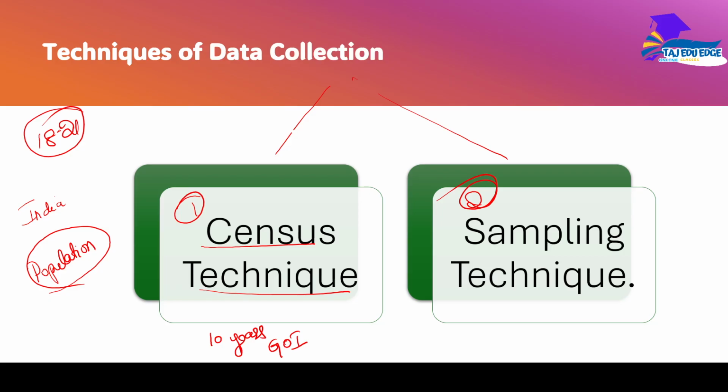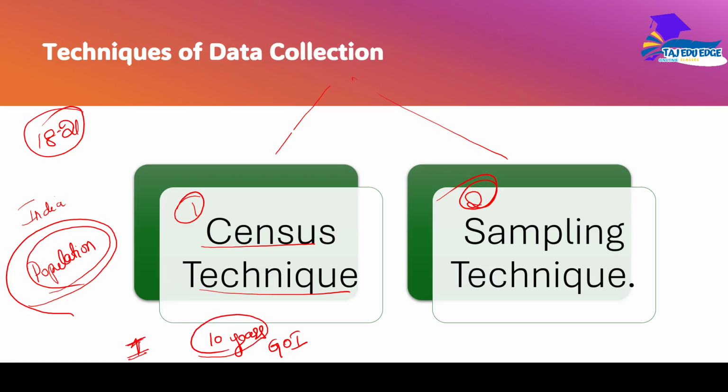Such kind of questions will be asked during the census. So when all that data is collected from the population, it becomes the census technique. But let's say, why is the government conducting it only once in 10 years, only one time?